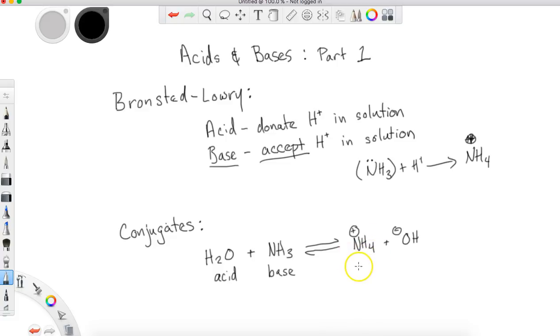Now the conjugate is what results due to the exchange. This base creates a conjugate acid. It's now acidic because it picked up a hydrogen, so it has an extra hydrogen bound to that nitrogen. And the acid is going to end up creating a conjugate base.